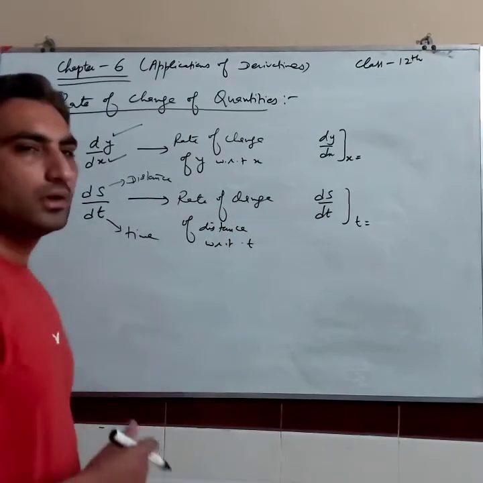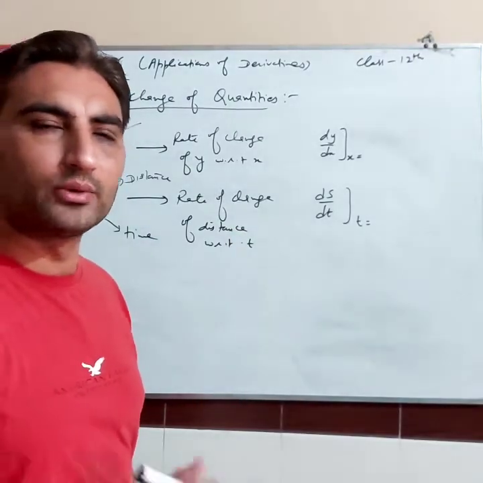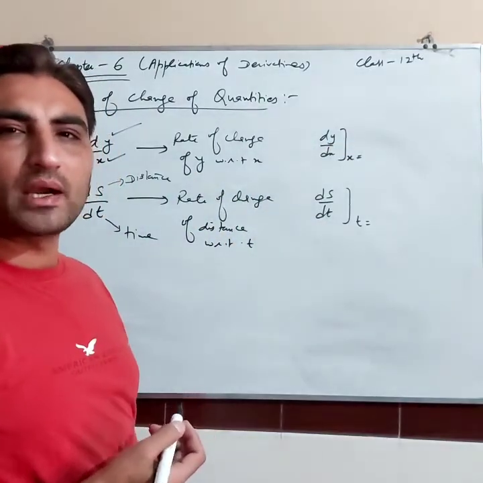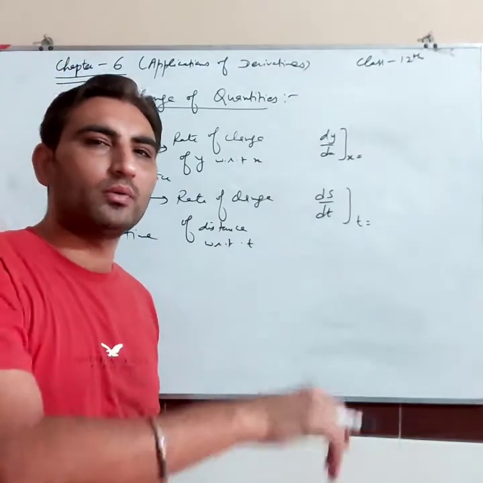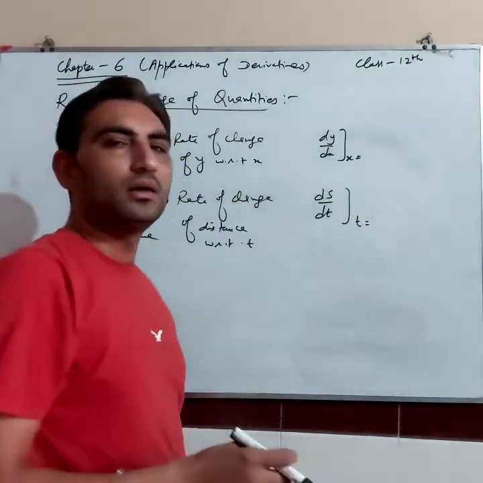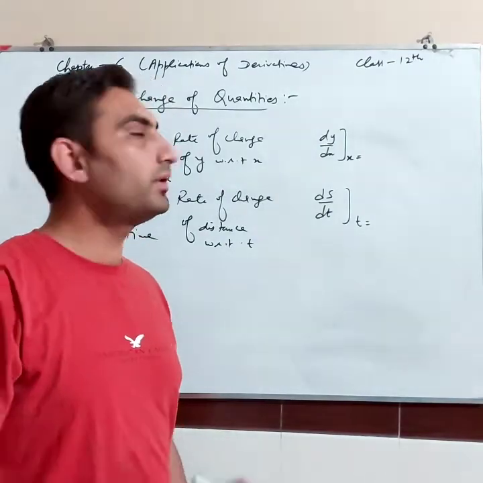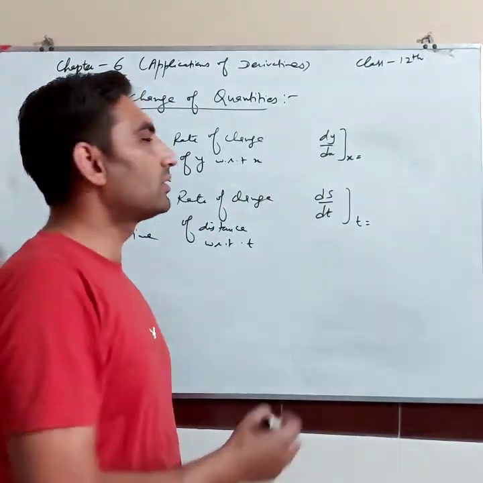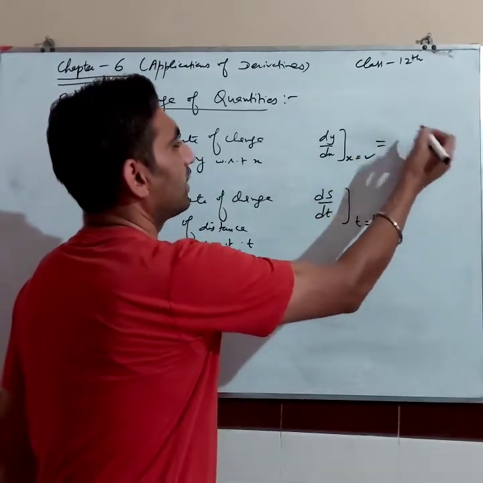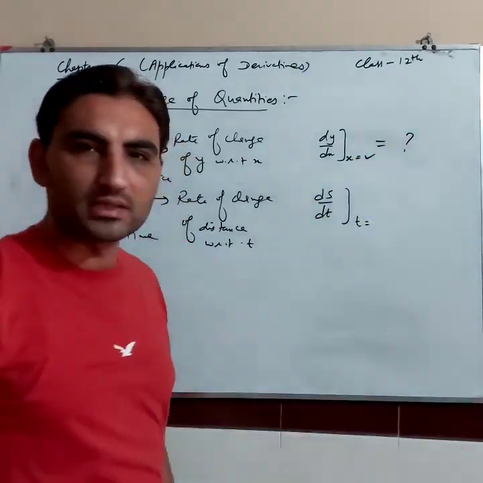Then in addition, you will see some use of values. If we have rate of change of y with respect to x, there may be some calculation for which you have to find this rate of change at a particular value of x. So when you solve, you have to put that value of x in your calculations and you will get some answer.